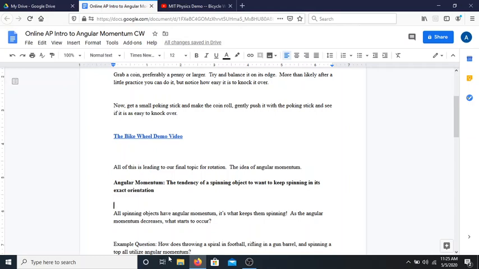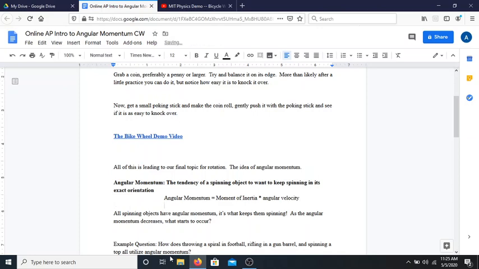For our formula, just like we did for linear momentum, oh my gosh, we're going to translate it. Linear momentum was just equal to the mass times the velocity. So, angular momentum is going to depend on the rotational version of mass, which remember is the moment of inertia, times the rotational version of velocity, which is angular velocity.